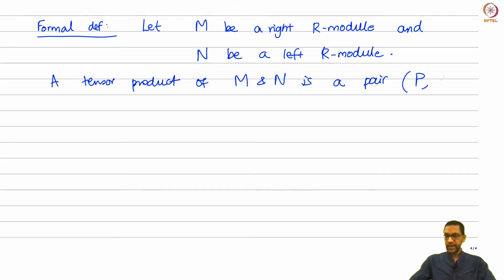So what is it? It's a pair (T, alpha), maybe we'll call it (T, alpha), okay, which satisfies a certain universal property. Okay, satisfying the following properties.